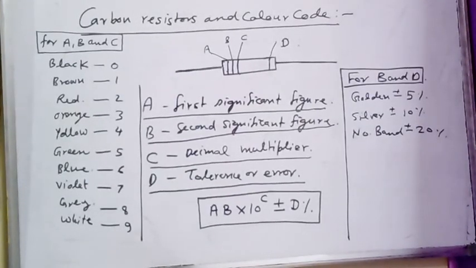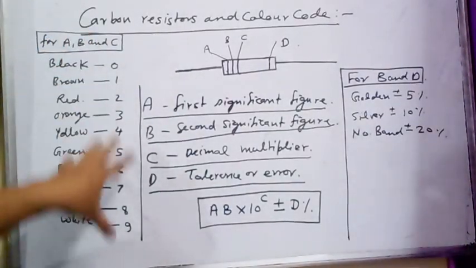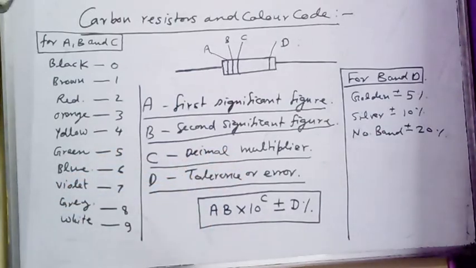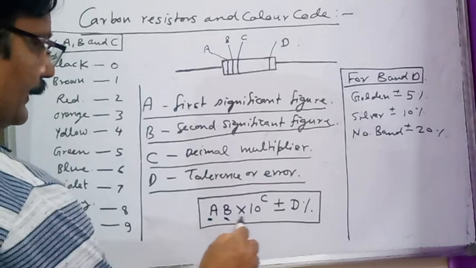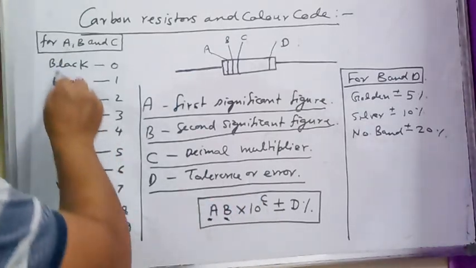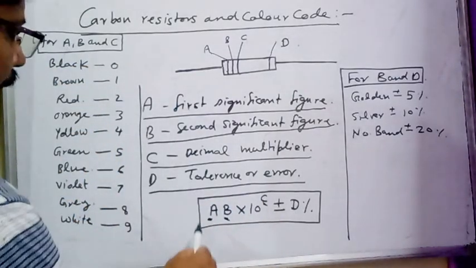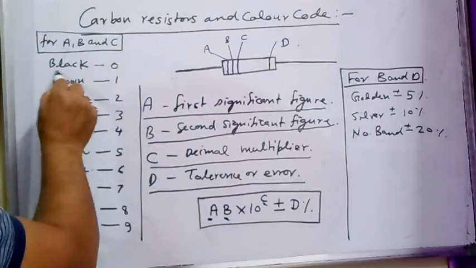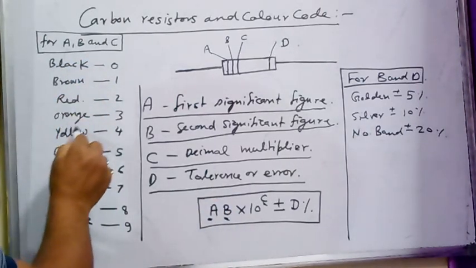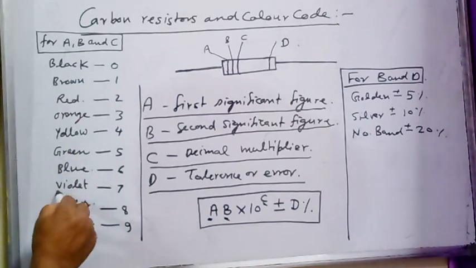Students, see, these are the color codes for the carbon resistor. For rings A, B and C, these are the color codes. Rings A, B and C can be of these colors: black, brown, red, orange, yellow, green, blue, violet, grey, white.